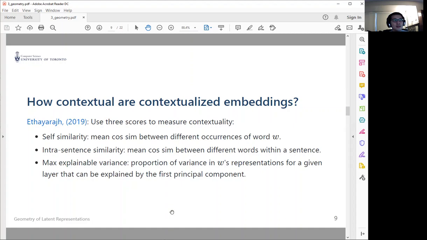So this paper computes 3 scores to measure the contextuality, and they defined contextuality by how variable the meaning of a word is dependent on its context.